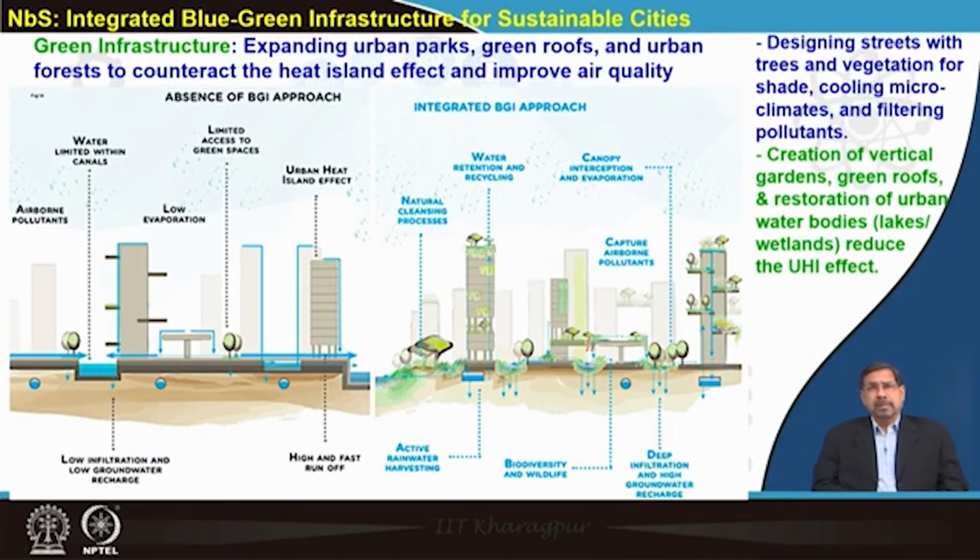In urban parks we put a lot of vegetation, green roofs, so rooftops are covered with vegetation. Urban forests are created wherever space is available, or space should be demarcated for creation of urban forests. These all counter the heat island effect and improve air quality on the principle of nature based climate solutions. On the left hand side we have the absence of the BGI, blue green infrastructure, approach.